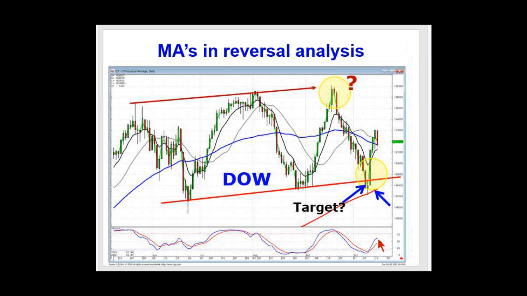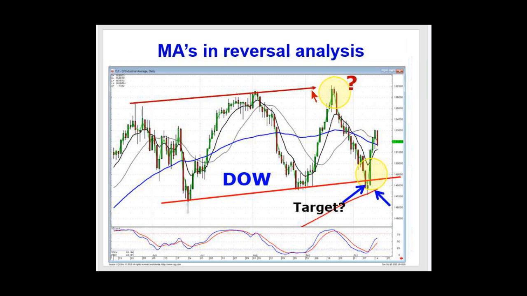Now remember, we've also got a caveat to the T-line. The caveat is the further away you move from the T-line, especially in the overbought area, the higher the probability it's going to come back and test it.